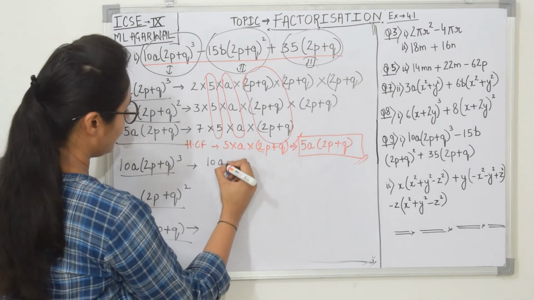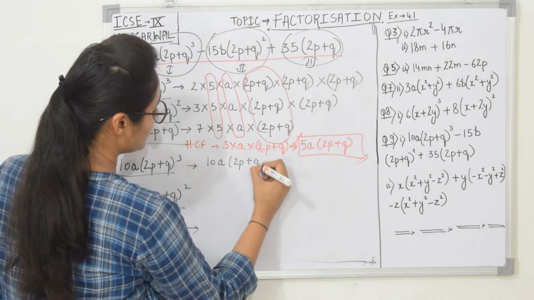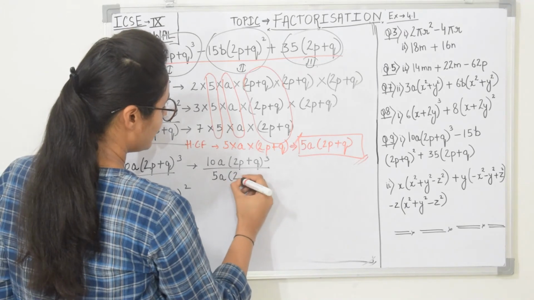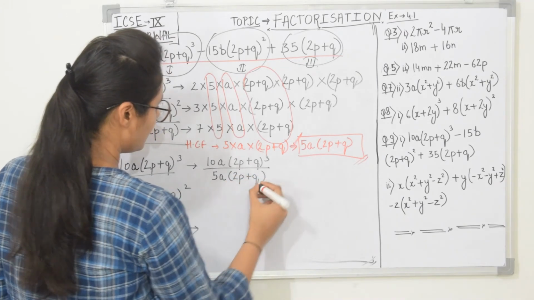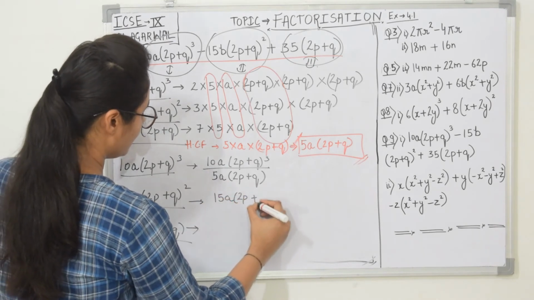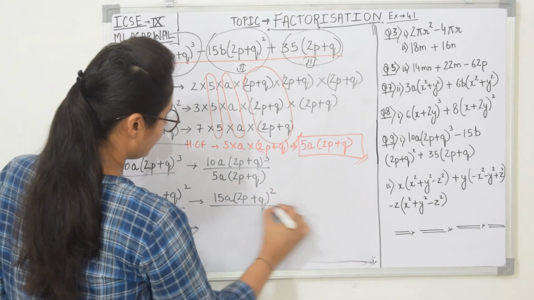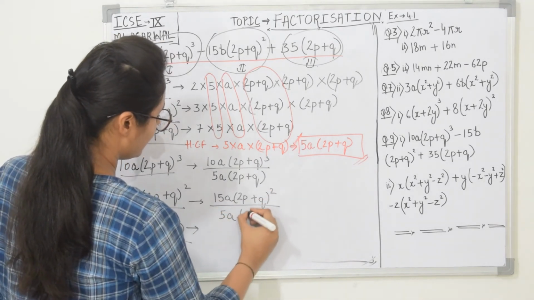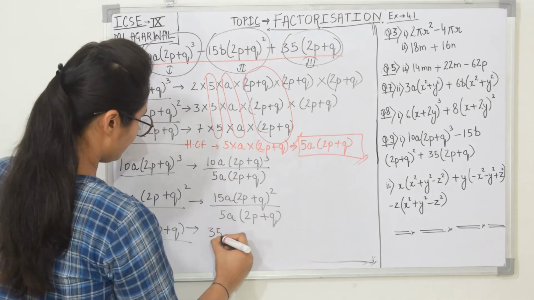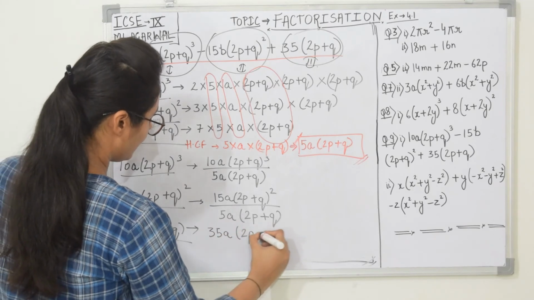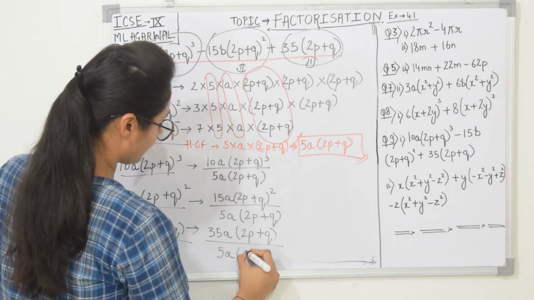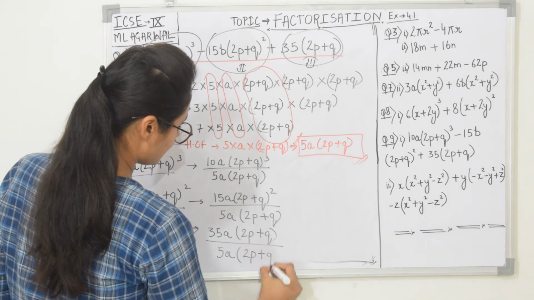See, 10a 2p plus q whole cube dividing by your HCF, that is 5a 2p plus q. Again I am going to write it down first everything. 15a 2p plus q square divided by our HCF again 5a 2p plus q. Then we are having 35a 2p plus q divided by our HCF, that is 5a 2p plus q.